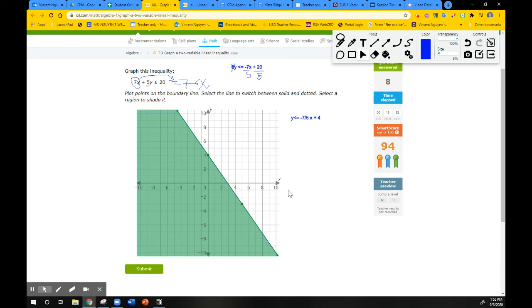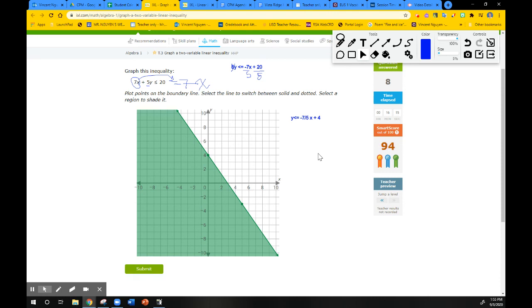So what is the most challenging part of this one? It's the fact that it's in standard form and that you have to solve for y, right? After you solve for y and put it in slope-intercept form, the graphing is the same. So what are some of the things that you need to remember here? Start with your y-axis, that's your y-intercept. Use your slope to get to your next point, just like how you graph a line normally.